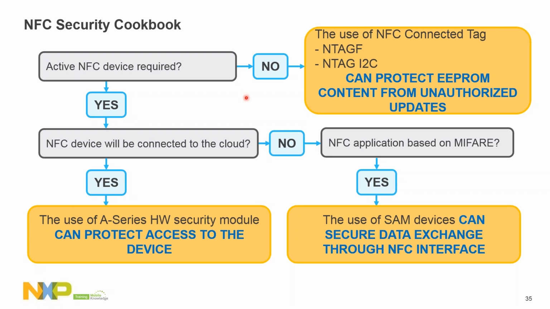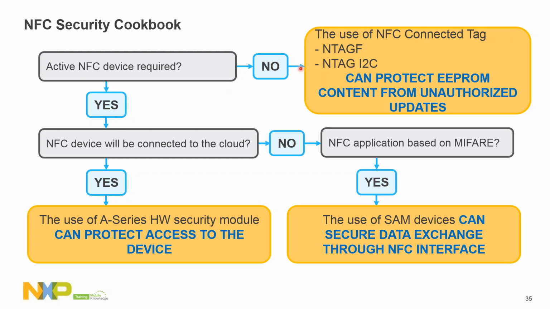Good. Well, in this slide, we want to share with you a very simplified guide to the selection of which product is suitable for your NFC-enabled device. The first distinction to make is whether your device is going to require active NFC functionality, that is, to behave as an NFC reader and generate a field.